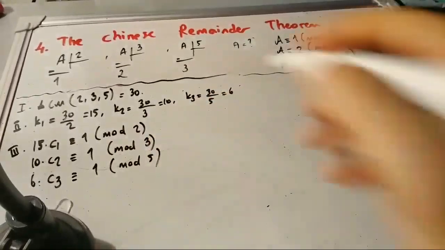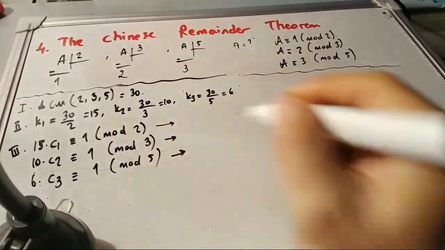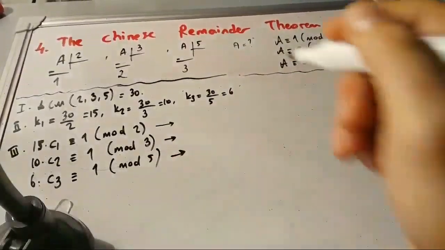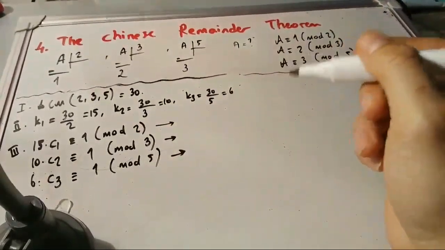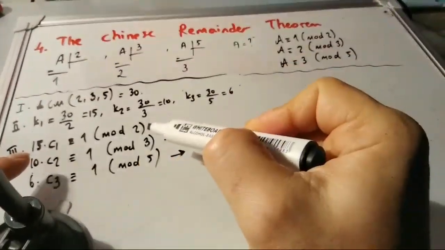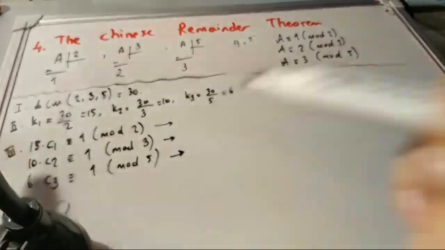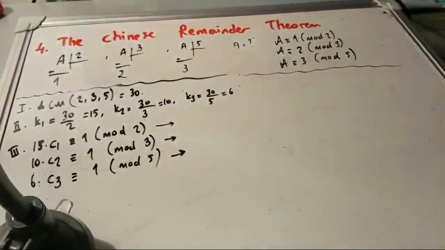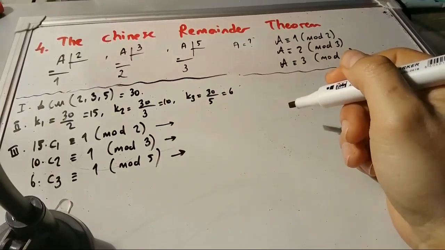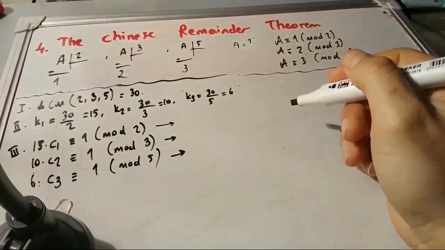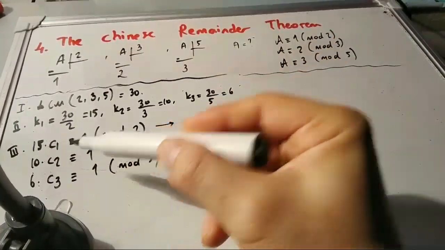Okay. And after that, here we have to find D1, D2, and D3. When we divide 15 by 2, what is the remainder? Tell me the remainder. 15 by 2. Yes, it's 1. So 1 times C1 is C1.